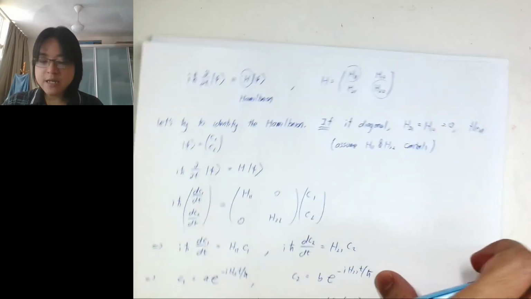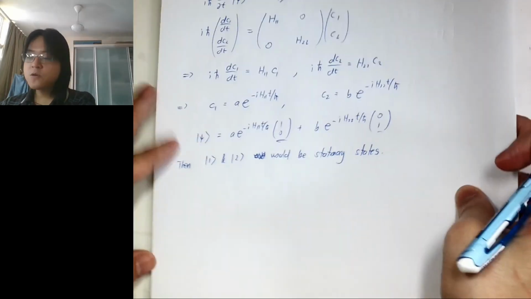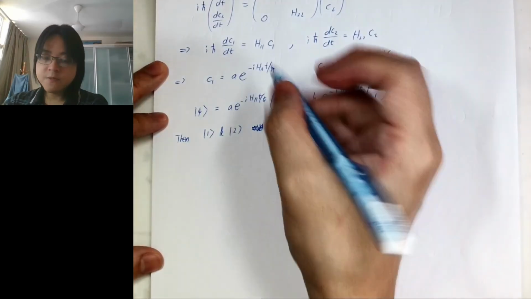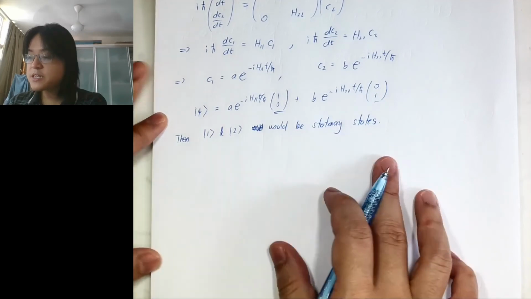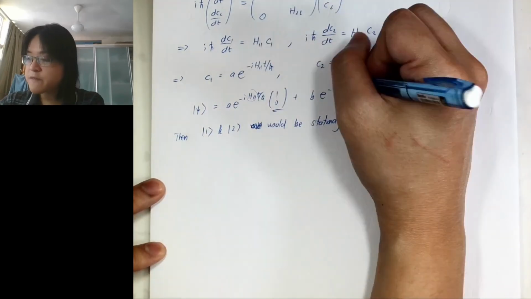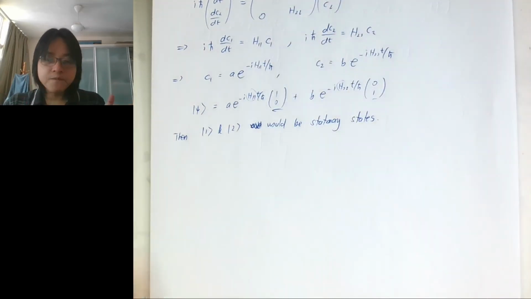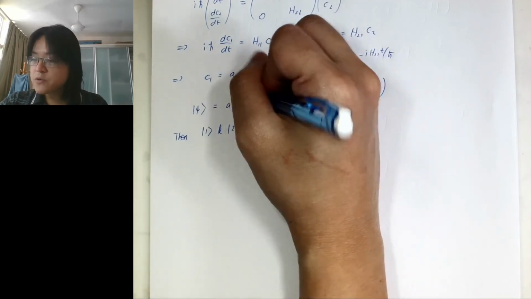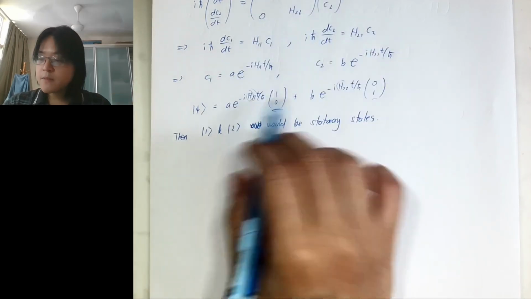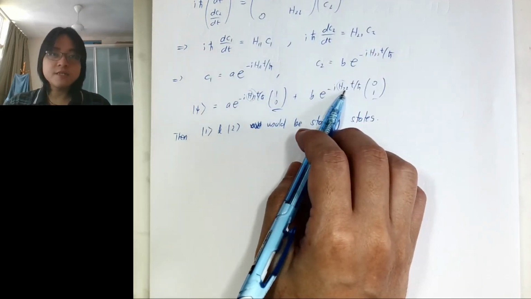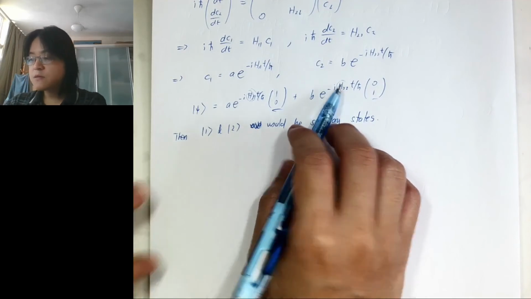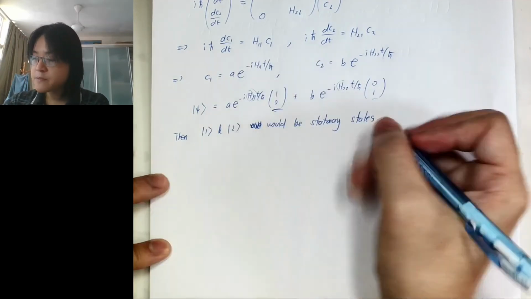If these two terms are 0, what is the lesson that we learned here? Well, these two are stationary states, but what are the values of these? We can also reason it out. This corresponds to the energy of state 1, and this corresponds to the energy of state 2.